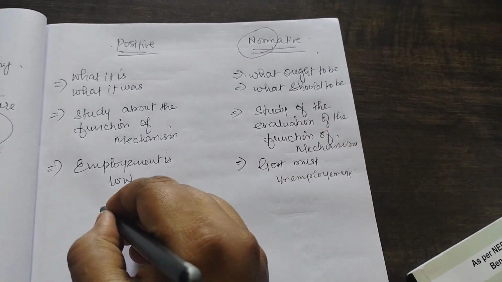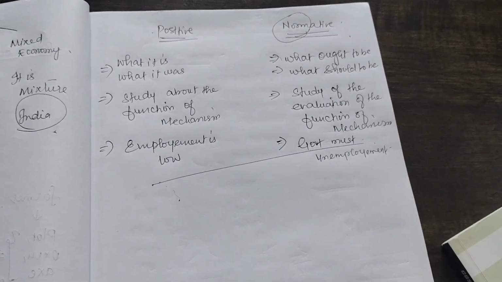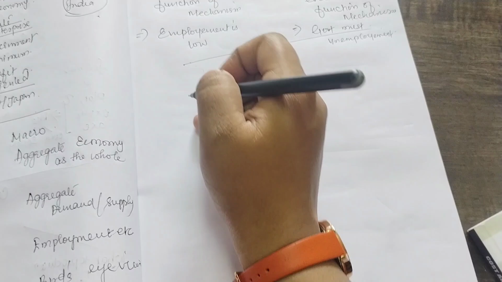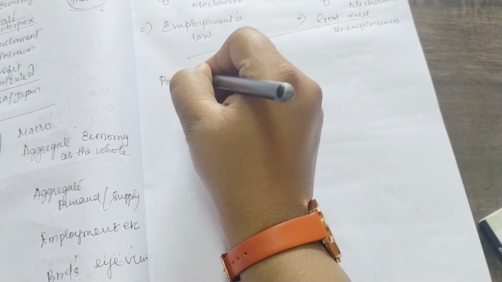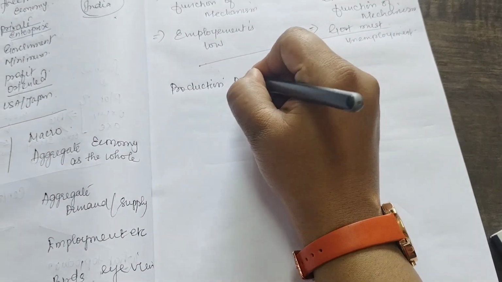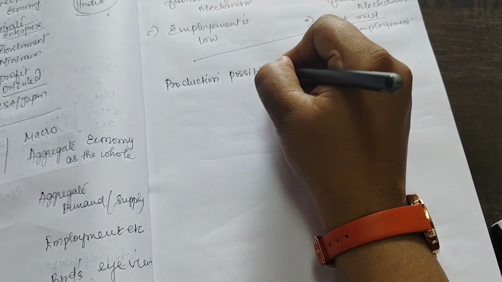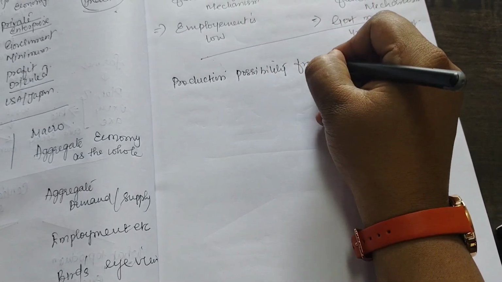Okay, now once we are done with this, we need to understand the other very important concept, which is the production possibility frontier.